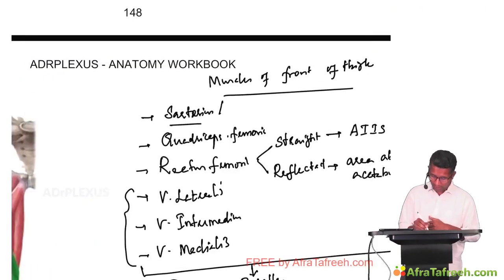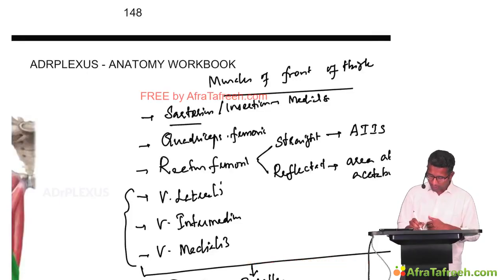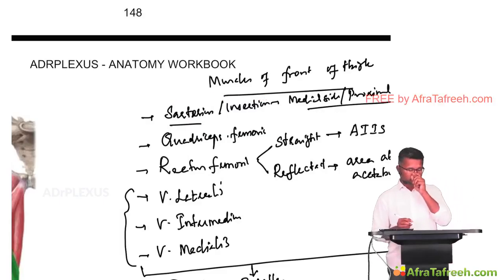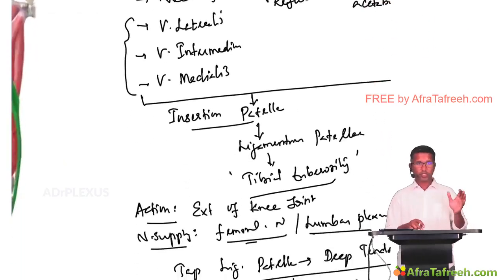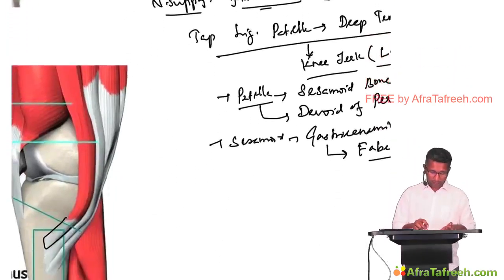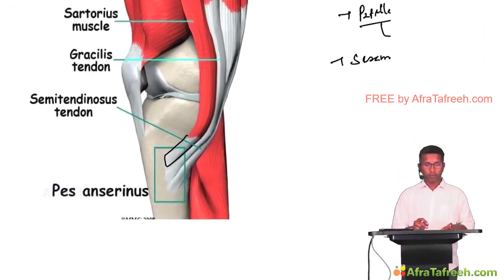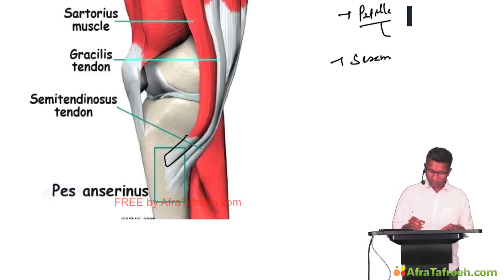So the sartorius insertion is on the medial side of the proximal tibia. The sartorius runs across the entire thigh and gets inserted here. Along with this there are two more tendons getting inserted here.